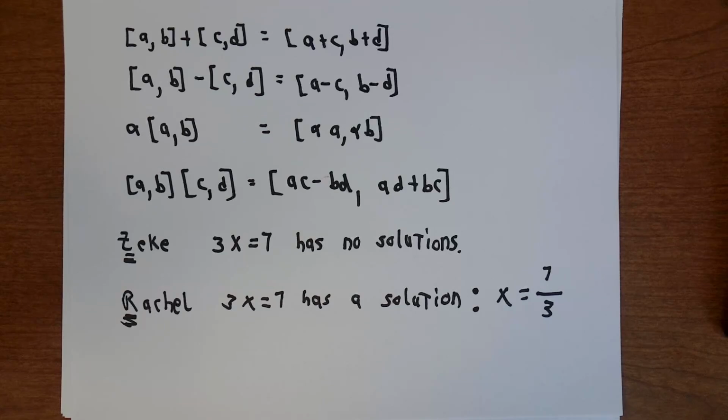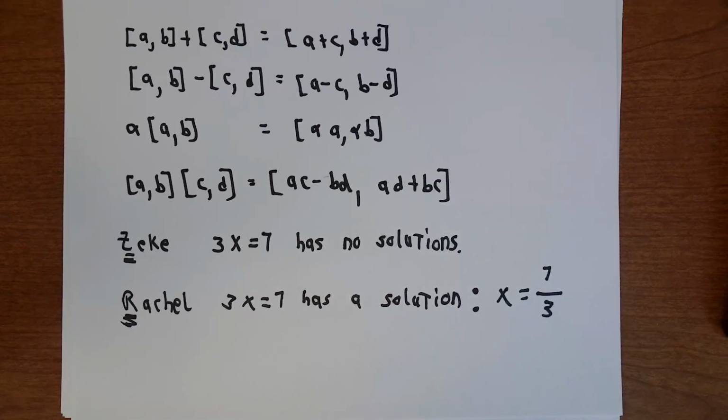Rachel could rejoin by saying, this is just that first game we were playing, the open parentheses a, b close parentheses business, and we've decided to write the ordered pairs in this form so that we don't have to write so much. Having done that, there are certain rules of arithmetic that follow almost immediately.